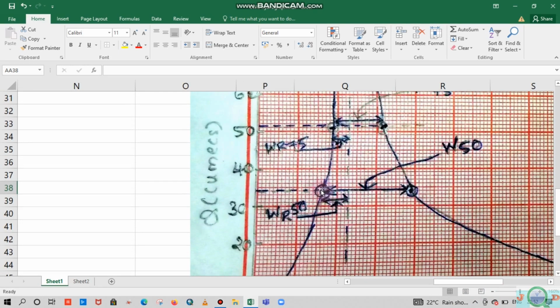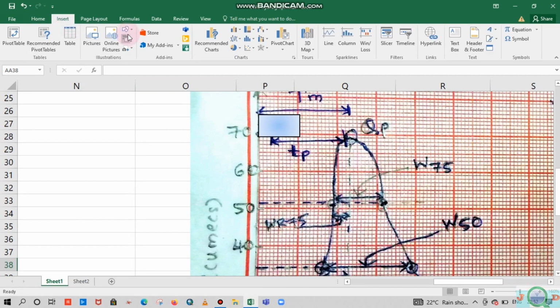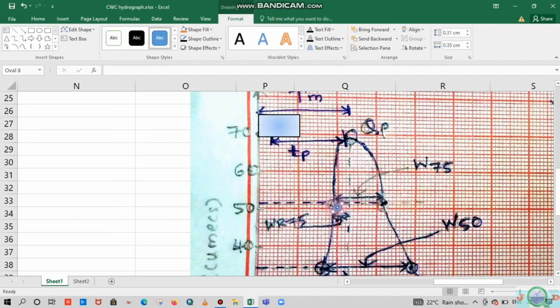You can see this dotted circle here, and same for the 75 I have marked. You can see it comes here. If I try to highlight it to you, this point is somewhere here.